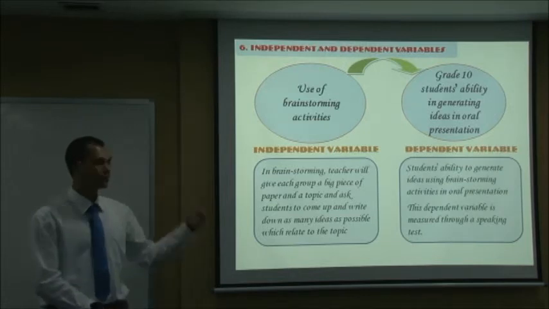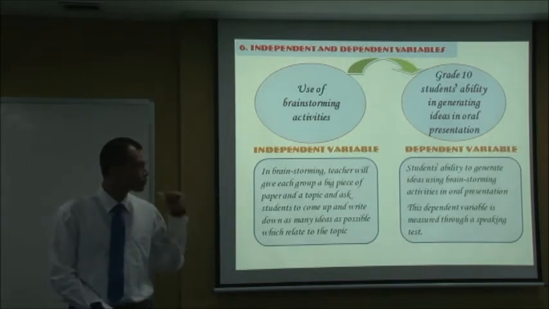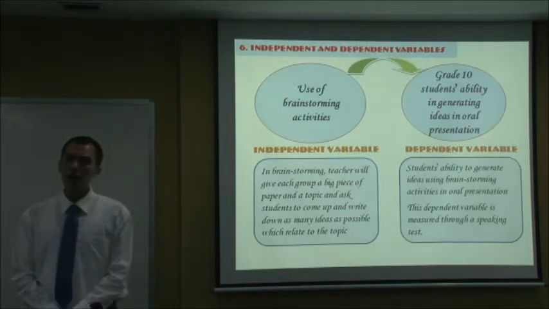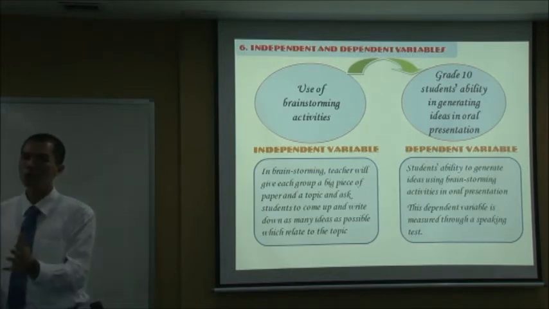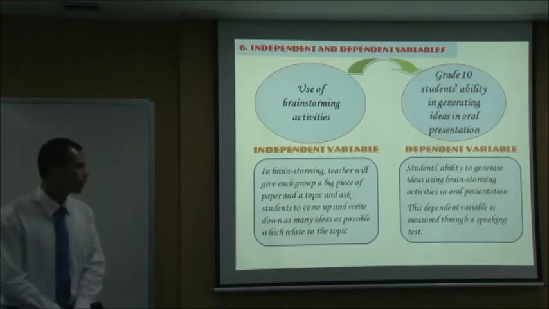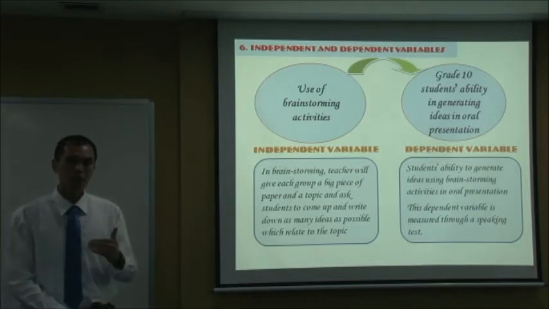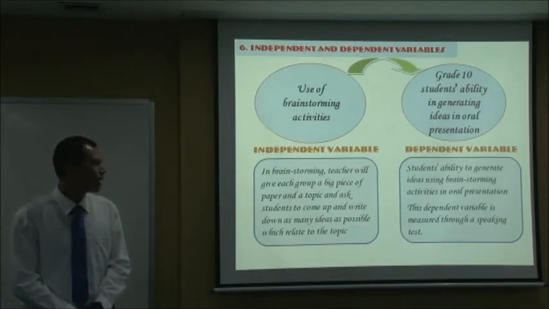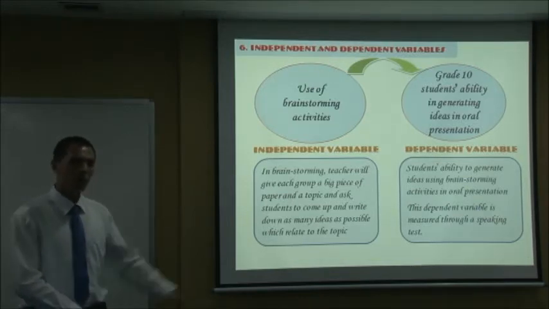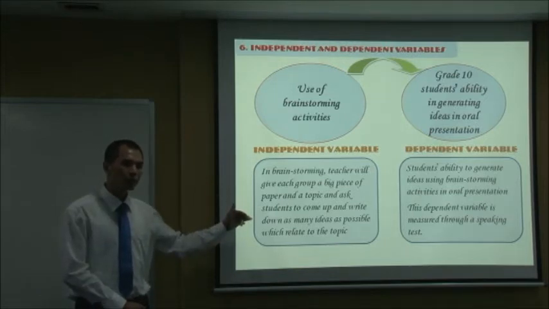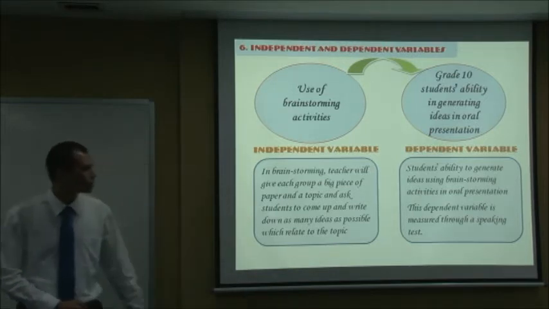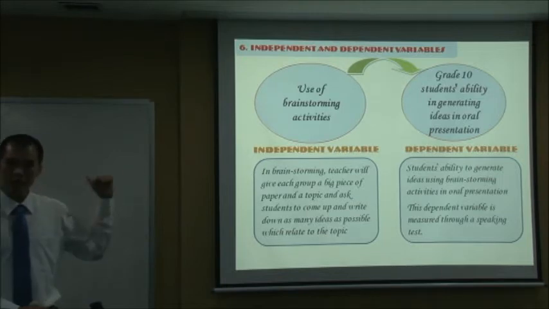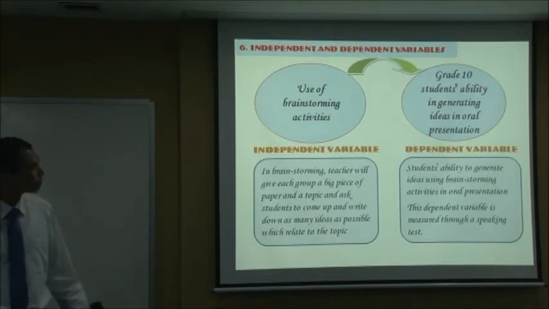For the dependent variable, I will see how students' ability to generate ideas using brainstorming in oral presentation, measured in a speaking test. These are the variables of my action research.